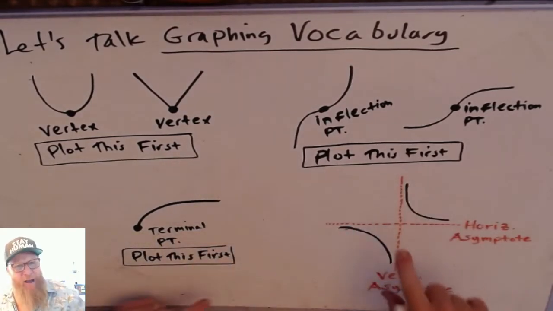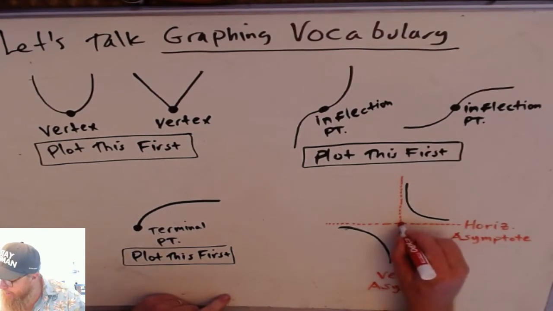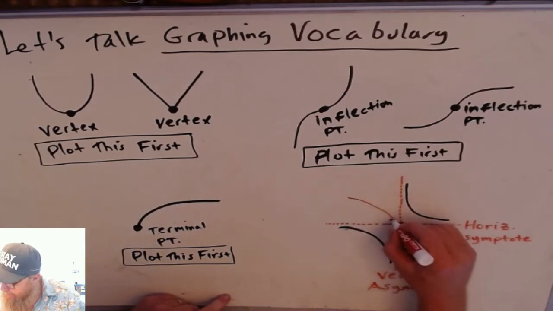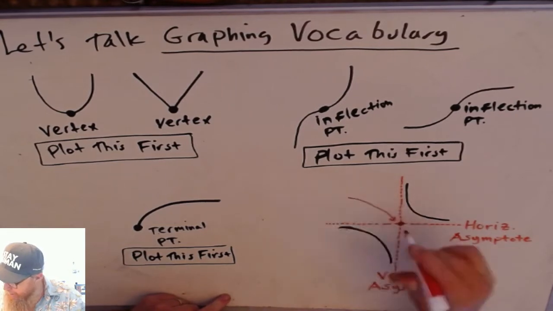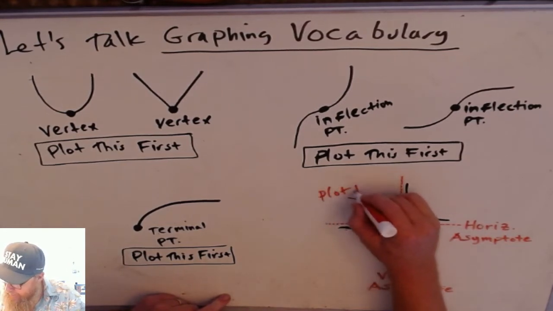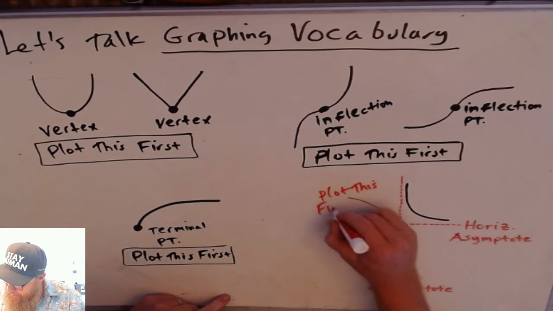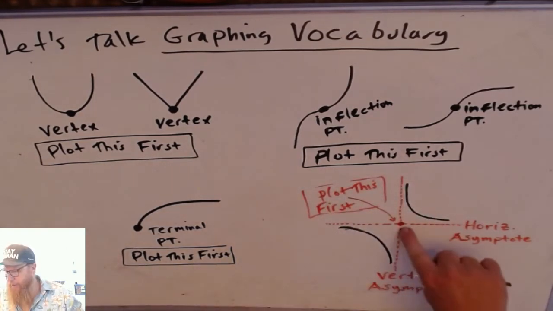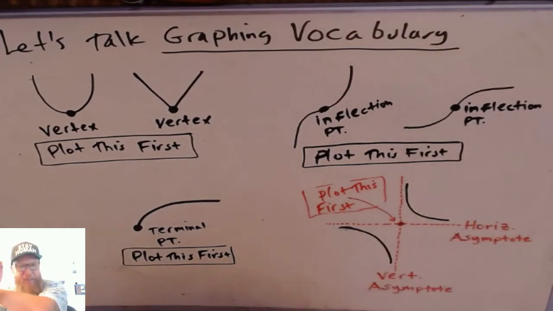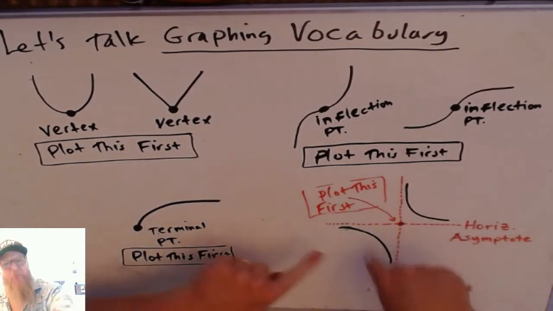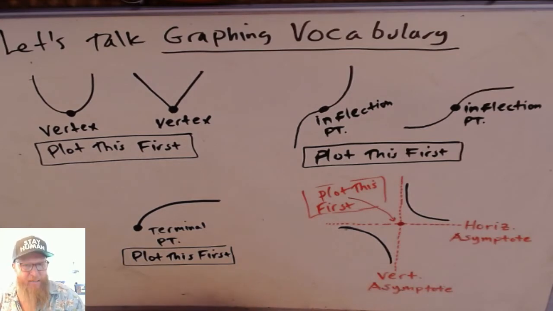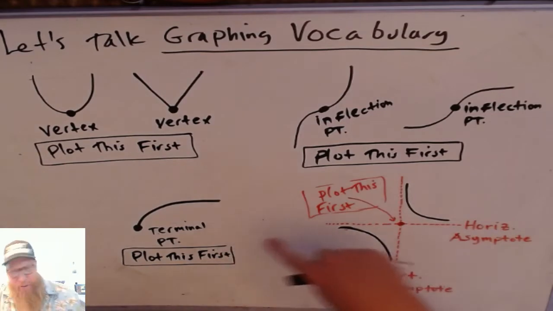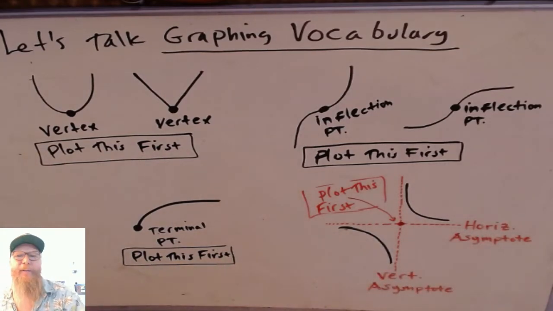The way we graph asymptotes on a computer is you put a dot right here, and you're going to plot that first. You'll put a dot right where the two asymptotes intersect, and the computer will automatically draw two asymptotes, one of them vertically and one of them horizontally. If you were doing it on paper, you would just draw them one at a time, obviously.